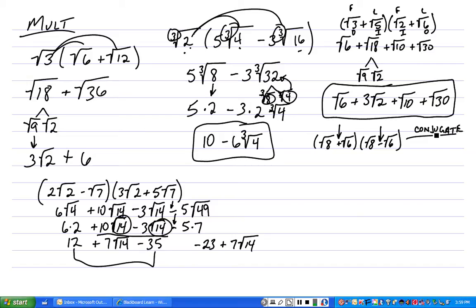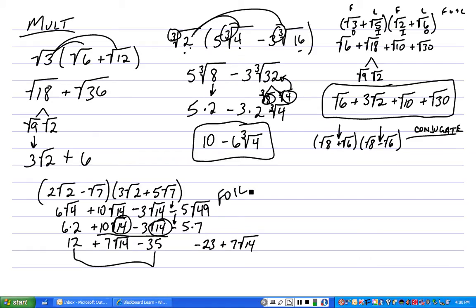And now that we know what it is, it's good to understand the behavior when you're talking about a conjugate. When you're multiplying conjugates, again, we said for a binomial times a binomial, we can do FOIL, right? And we've done it.